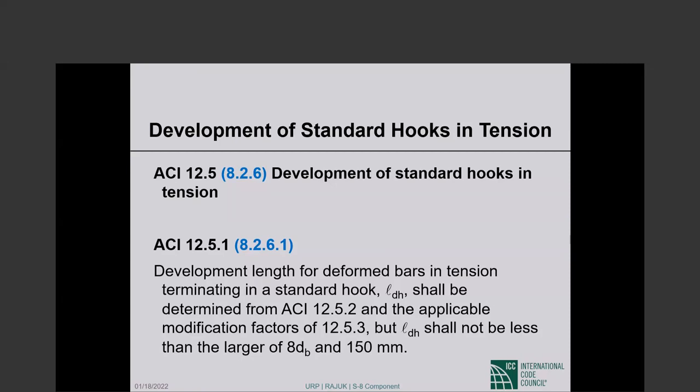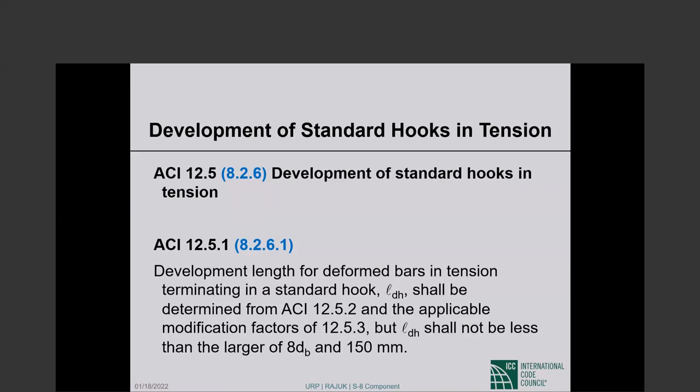L sub D is the required development length of deformed bar in tension. L sub DC, required development length of deformed bar in compression. L sub DH, required development length of hooked bar in tension, and there will be after this L sub DT, which is something relatively new, the required development length of headed bar in tension. Okay, hooked bar and then headed bar.